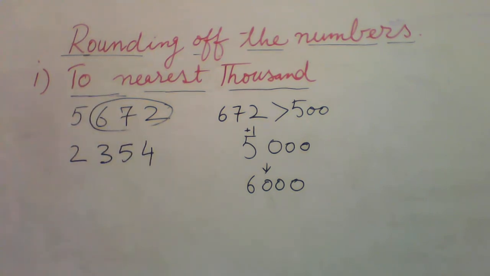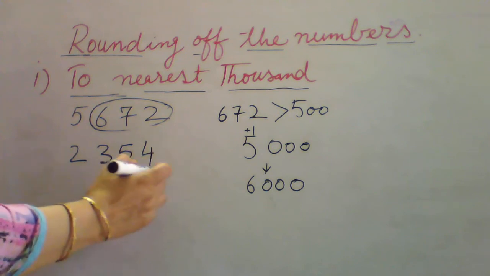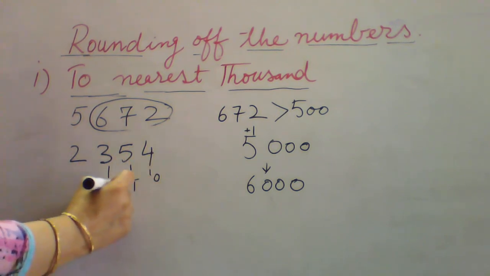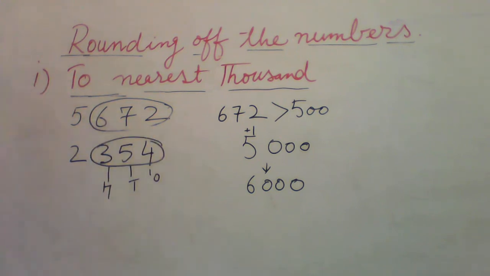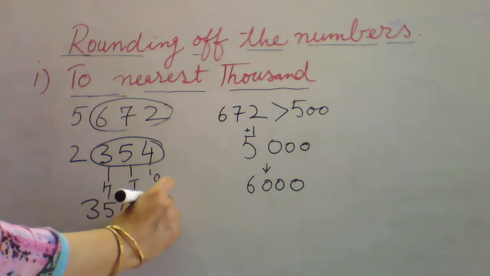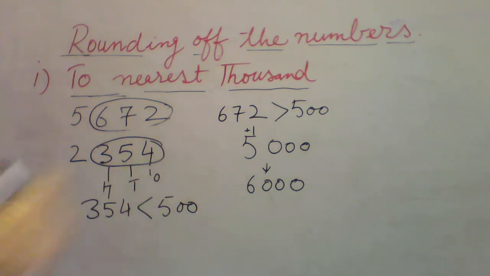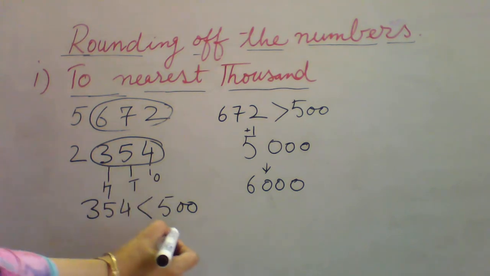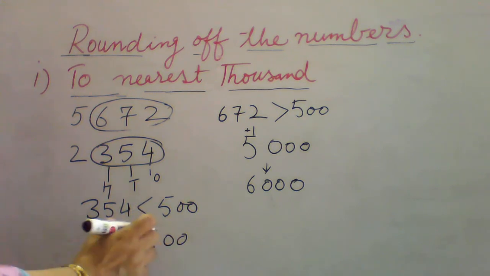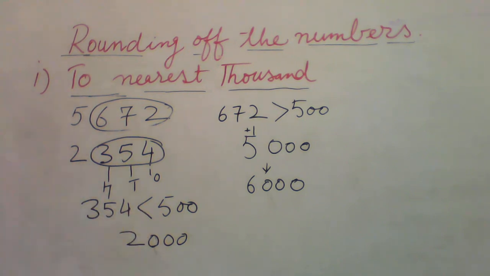In this number, the number formed by the digits present at the ones place, tens place and hundreds place is 354. 354 is smaller than 500. So in place of 4, 5 and 3, we will write 0, but we will not add 1 to 2. 2 will remain as such.